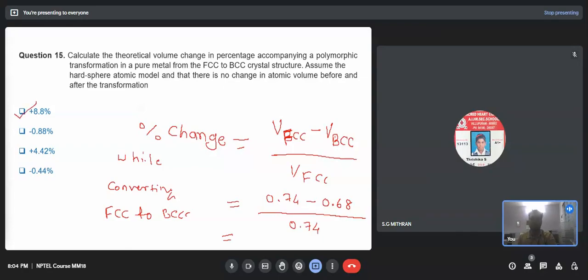We have to multiply with 100, so 0.06 upon 0.74. In the last we'll get the value 8.8 percent.